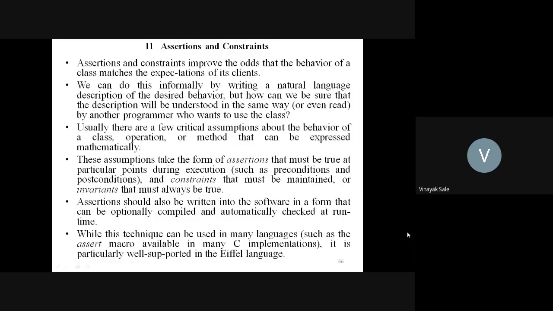Assertions should also be written into the software in a form that can be optionally compiled and automatically checked at runtime. While this technique can be used in many languages, such as the assert macro available in C implementations, it is particularly well supported in the EFL language.